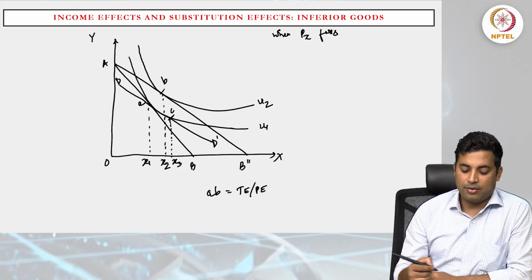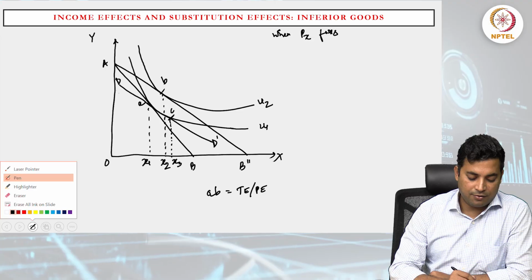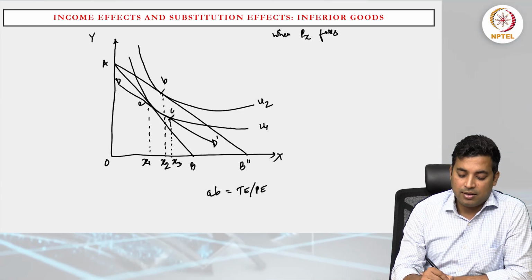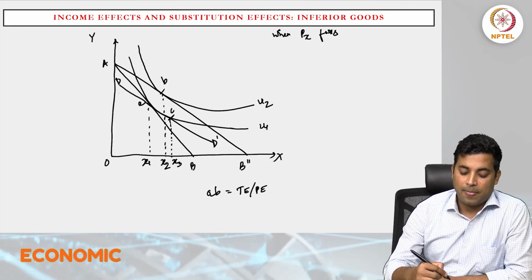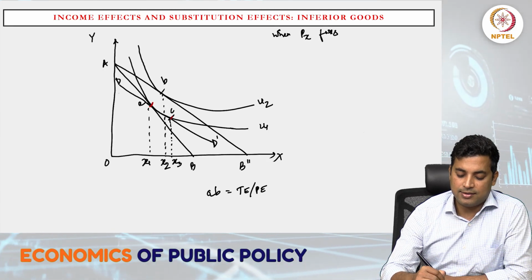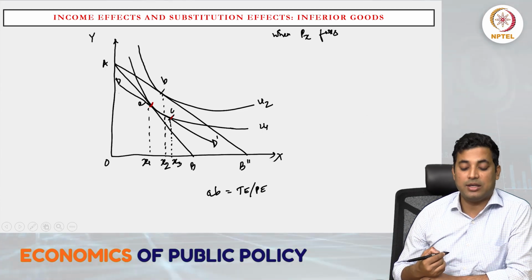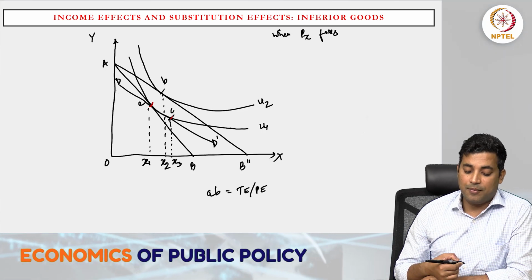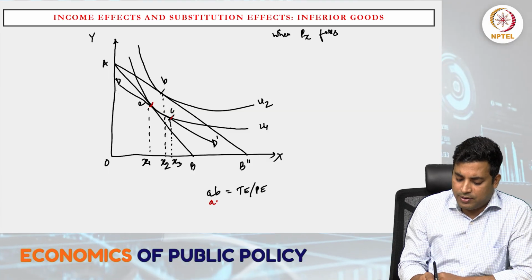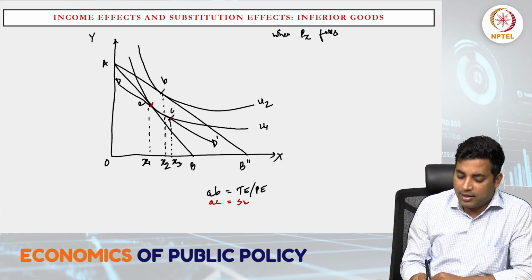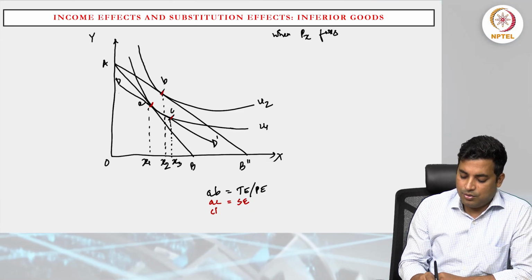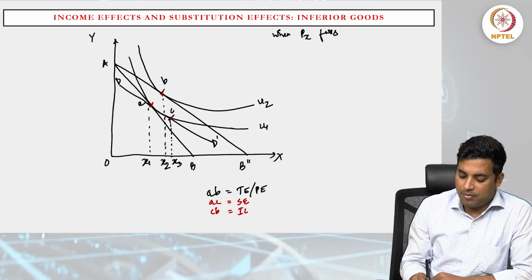But then here we have to understand carefully, in case of inferior goods, what the income effect is and what the substitution effect is. As you see, points A and C are both on the same indifference curve, and therefore A to C is the substitution effect, and C to B is our income effect.